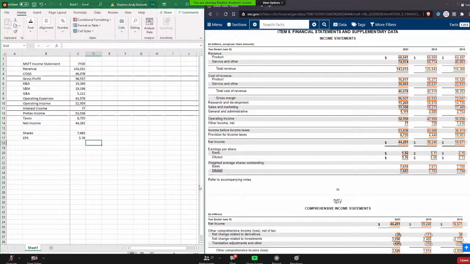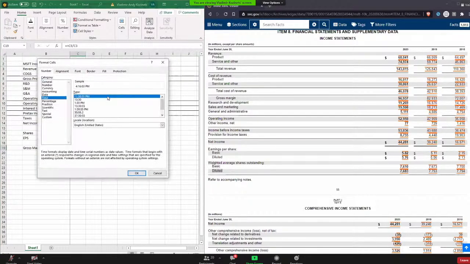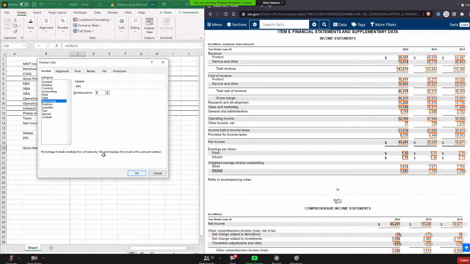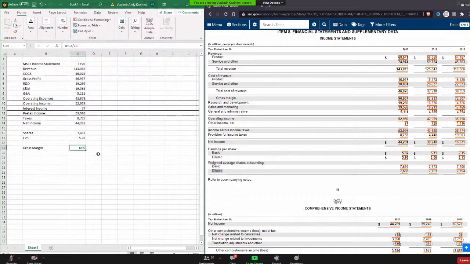Next, I'm going to go over some of the ratios. We could do gross margin based off of this. Gross margin is gross profit over revenue, and this is their gross margin. Let's reformat that into a percentage. 68% gross margin. That's pretty good.